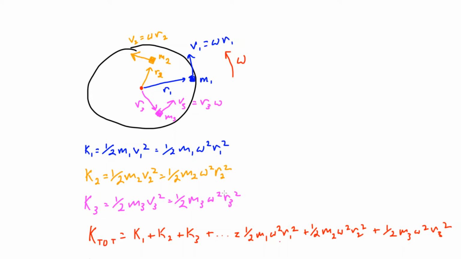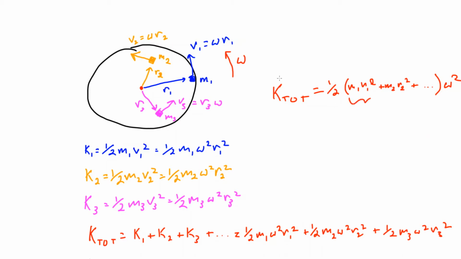But you can see each of these terms has a 1/2 omega squared in it. So what I end up doing is I write this K total as 1/2 of m1 r1 squared plus m2 r2 squared plus, and so on for all the m's and r's, times omega squared.